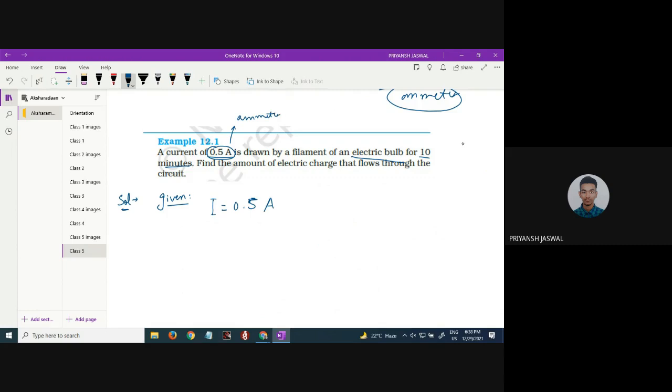Here the electric bulb is the device which draws the current and generates light. You can say it draws power from this particular battery and draws this much current, and for a time duration of 10 minutes.